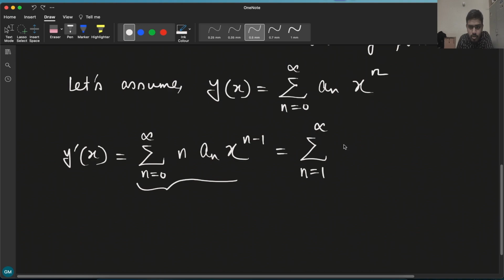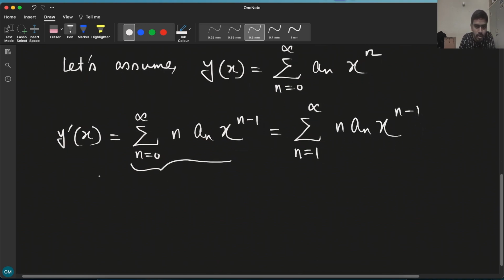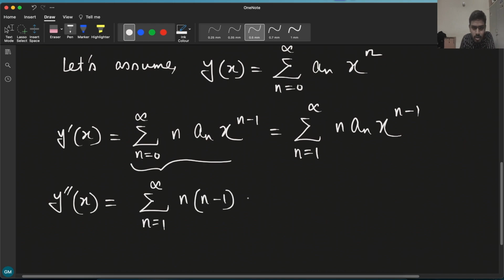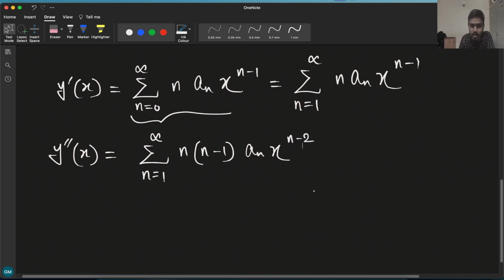Okay, so it is n a n x to the power n minus 1, and if I calculate y double dash (x), then it will be the sum over n equals 1 to infinity of n times (n minus 1) a n x to the power n minus 2. That's the simple d/dx of that.